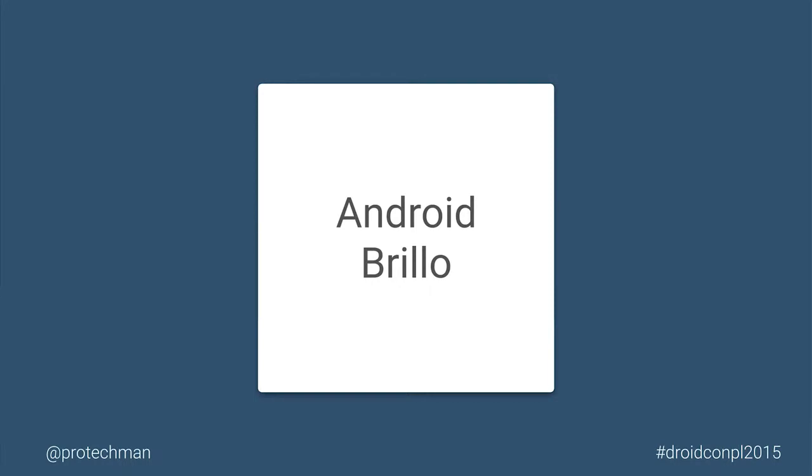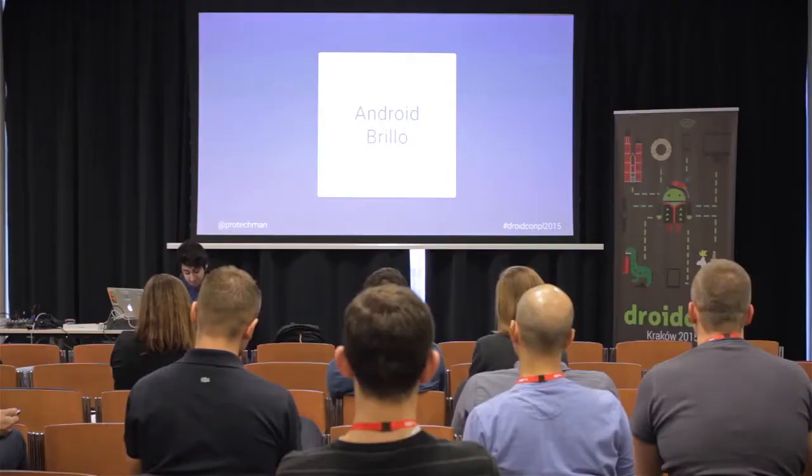So what is Android Brillo then? Why are we here? And why is Android Brillo so important for us? Actually, Google's vision with Android Brillo is to bring the simplicity and the speed of software development to hardware by joining together. And it contains three major components, actually.